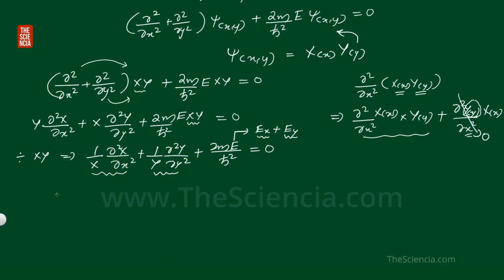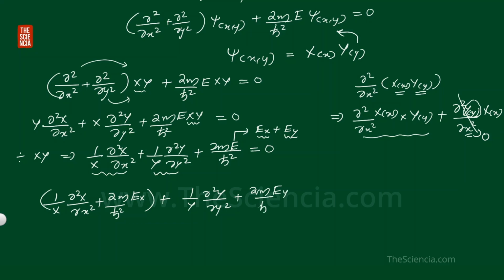That is, 1 by X, d squared X by dx squared, plus 2m Ex by h cross squared, plus 1 by Y, d squared Y by dy squared, plus 2m Ey by h cross squared, is equal to 0.